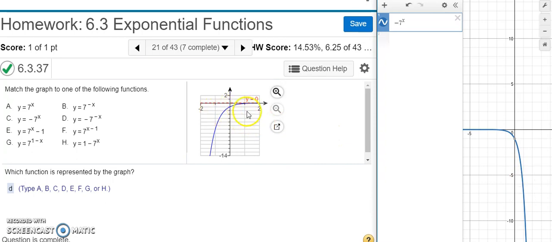This one is also reflected across the y-axis as well. So that means that it would have a negative on the x because after it's flipped down over the x-axis, it's also going to be flipped across the y-axis, meaning that the x in the function will also be negative. So now we see that we have this shape.